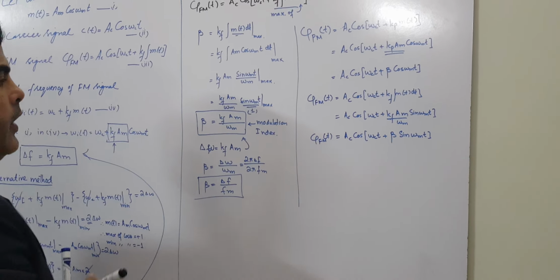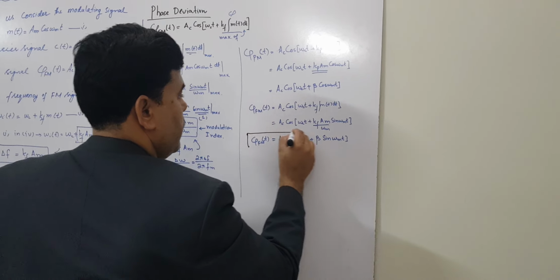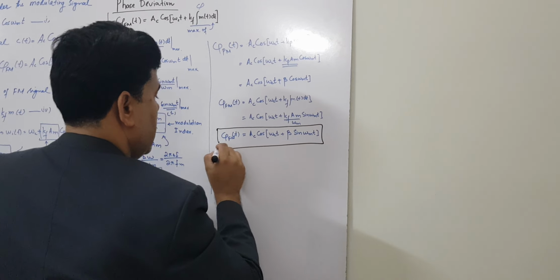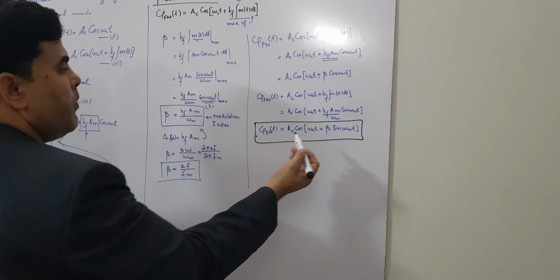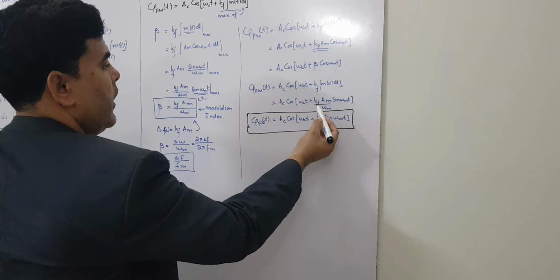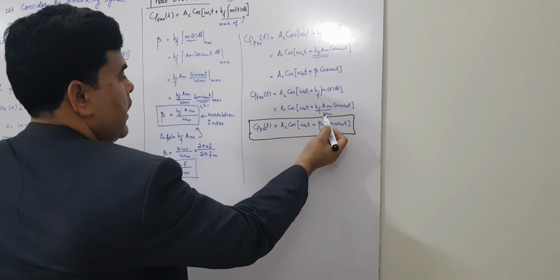so you can represent your FM signal in both ways. In your frequency modulation case, your modulation index will be equal to k of f am divided by omega m.